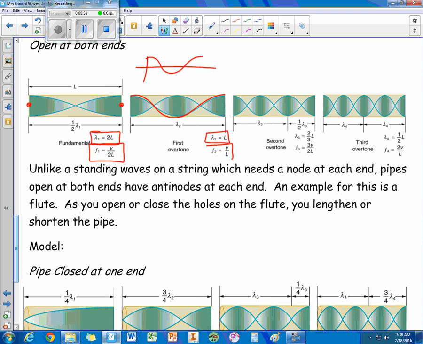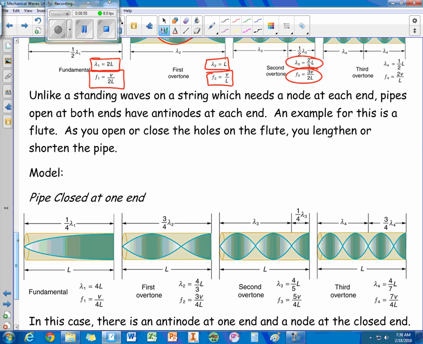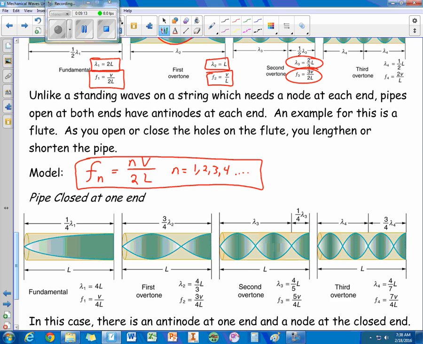So this one would just be V over L. Here we get kind of like a 2/3, or so, so on and so forth. Our model then will be the same as the model for a string. That's nice. You don't have to memorize anything new.